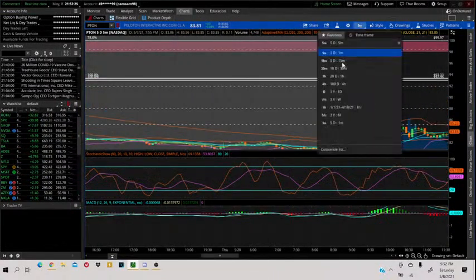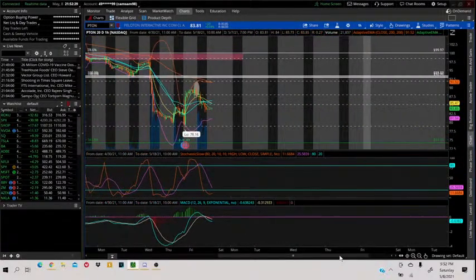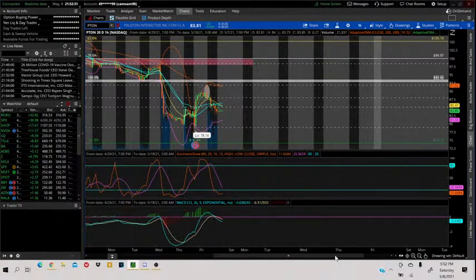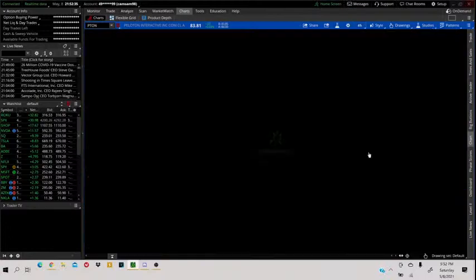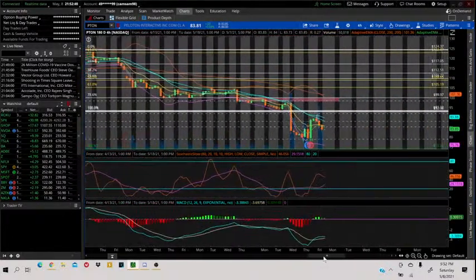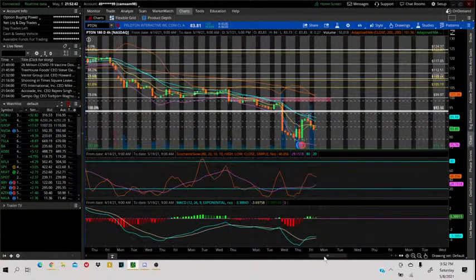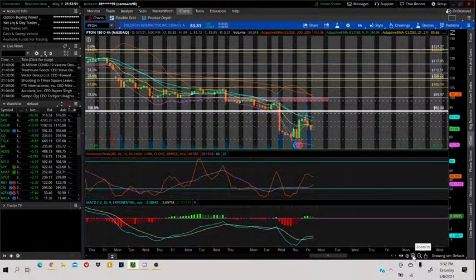So if we go to the 1 hour here, let's see if we can find a demand. Alright, let's go to the 4 hour, see if we can find demand. Okay, so there's not really any demand that I see from this 4 hour chart.